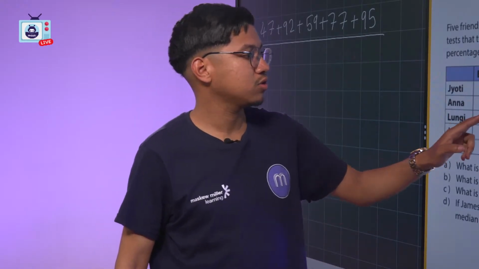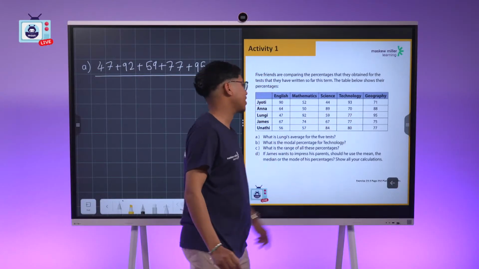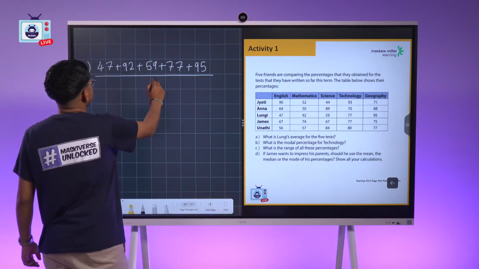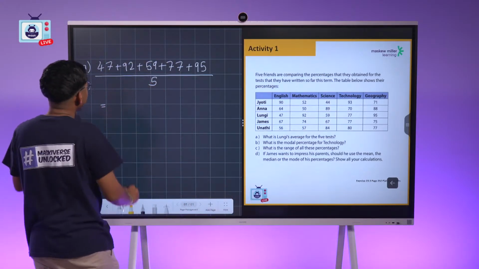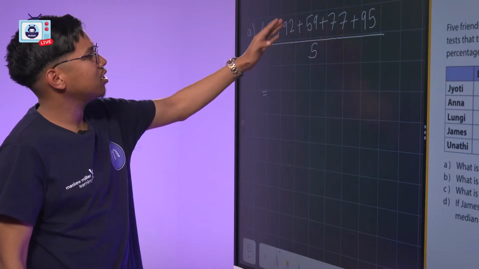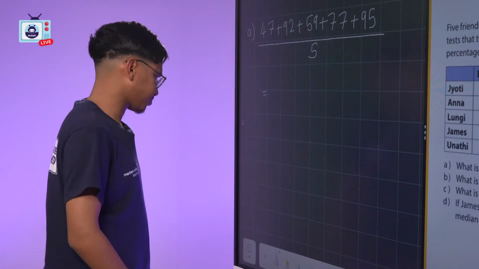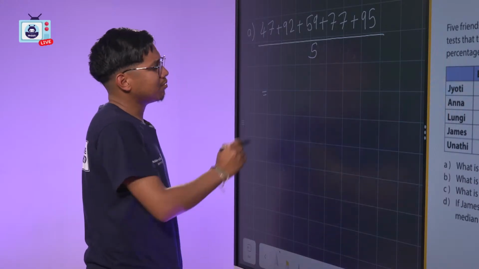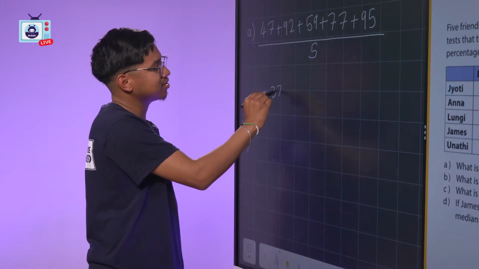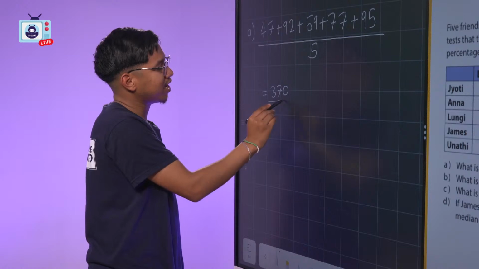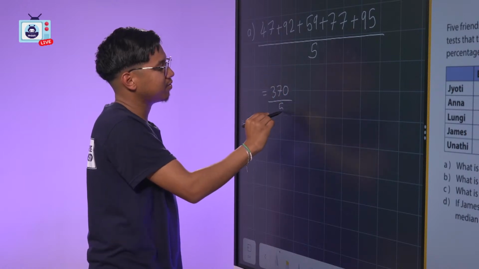So it's 1, 2, 3, 4, 5. And if we add 47, 92, 59, 77, 95, right, we should come to a value of 370. And we will divide that by the number 5, okay?